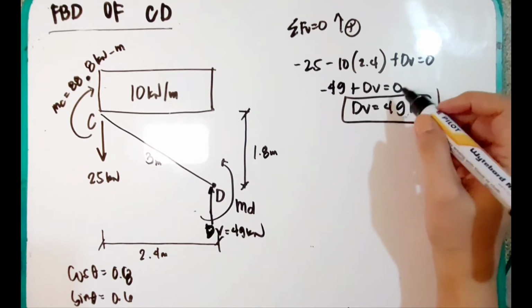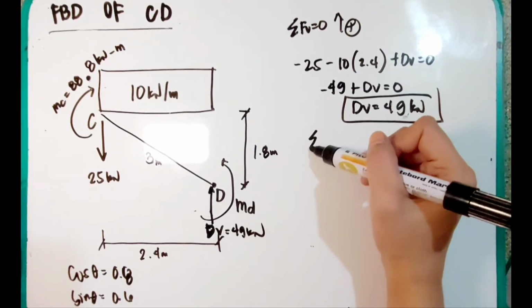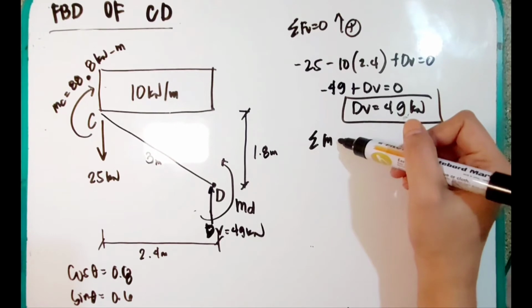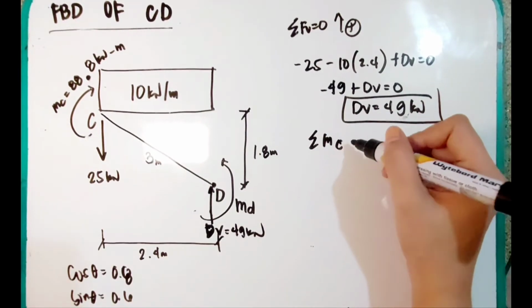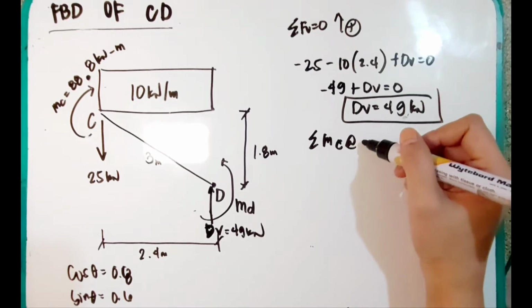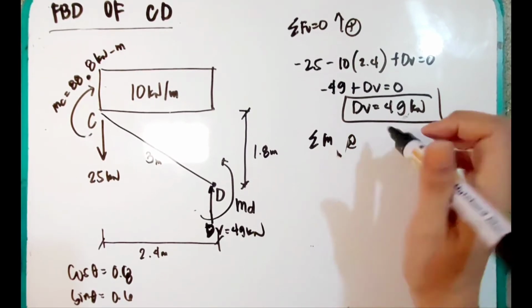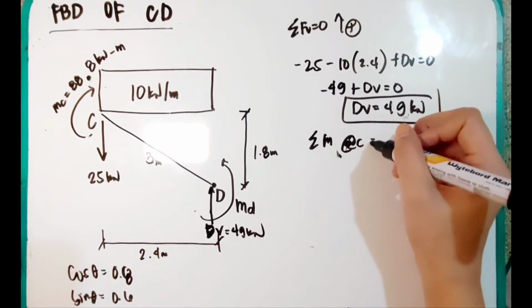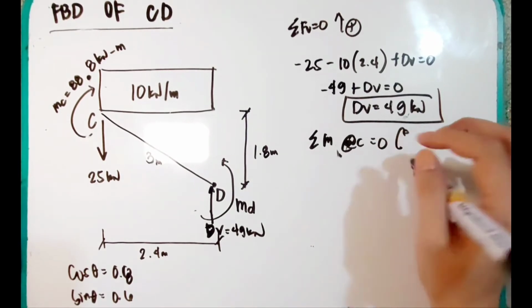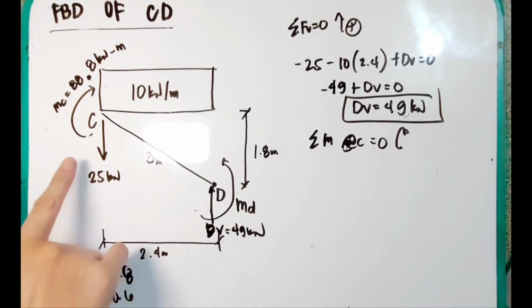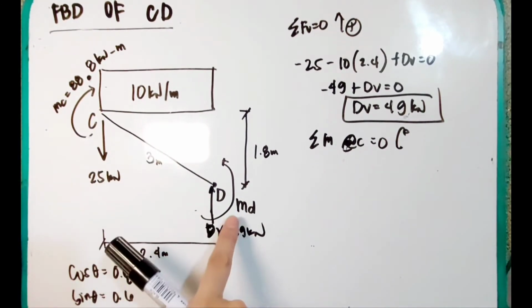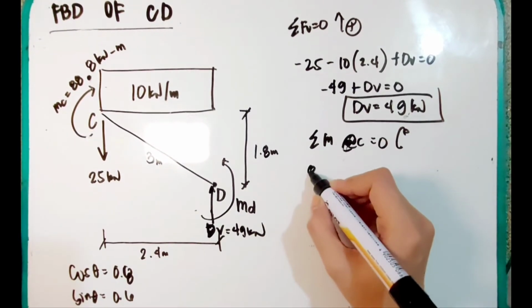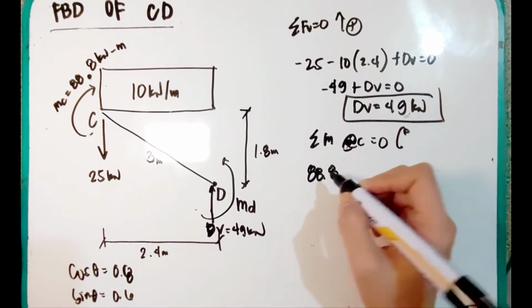Next, paano natin kukunin si moment? So, to find the moment at D, lagi tayo ritong moment at C. Tama ba? Moment at C, sorry, is equal to 0. Clockwise is positive. So, ano-ano mga clockwise? We have 88.8, and then counter naman to. So, positive 88.8.